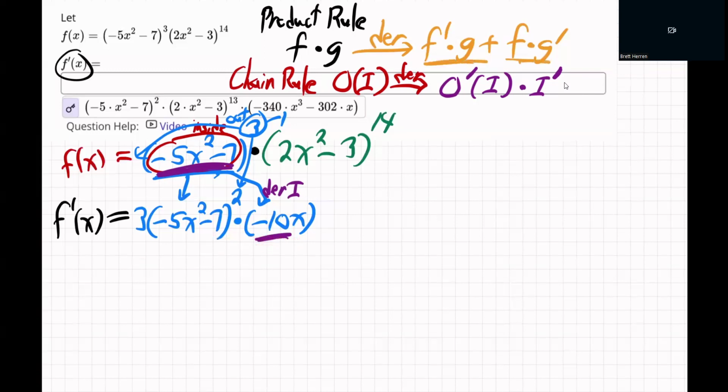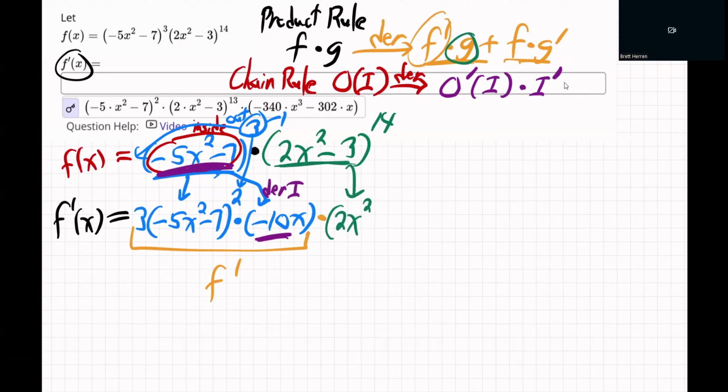In this structure, that is all f prime right there, times the second function, no change. So 2x squared minus 3 to the 14th, plus, right, that's g. I'm doing f prime g plus, now f, plain f, no derivative.